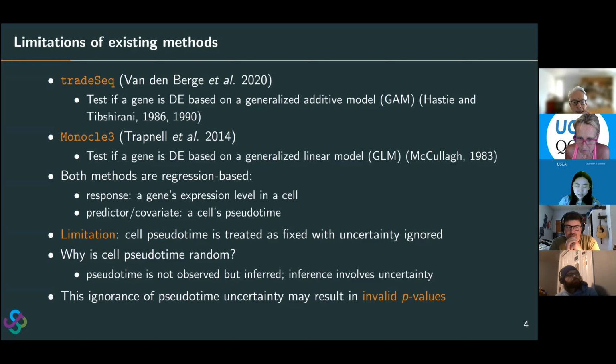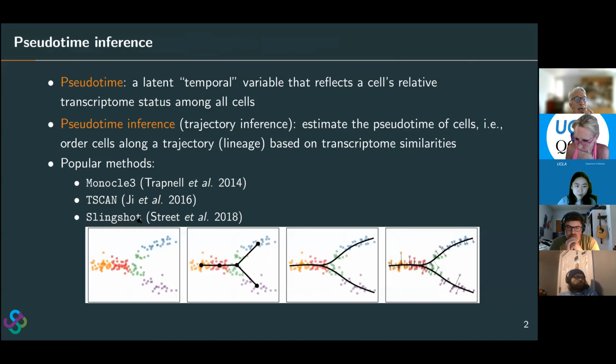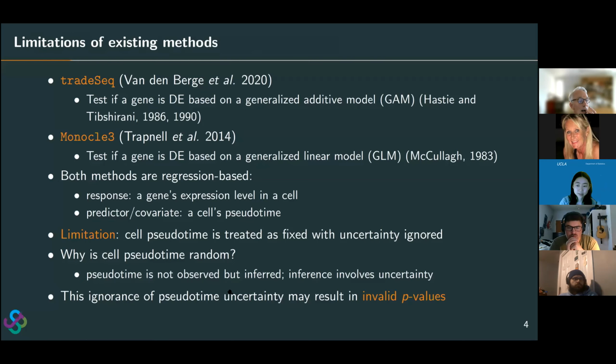By uncertainty, I mean that if I just randomly subsample a set of cells and then apply pseudotime inference, for example, by Slingshot, to that subset, then these cells may receive different pseudotime from what they have when I use other cells. That subsampling giving different pseudotime for the same cells implies the uncertainty in the pseudotime inference step.